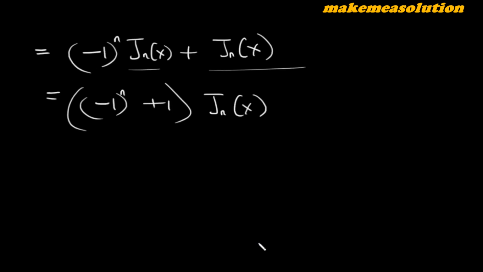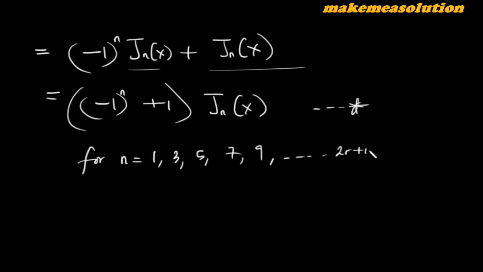Now you should take note of these points. For n equal to odd numbers, that's 1, 3, 5, 7, 9, and so on, 2r + 1 is the formula for odd numbers.